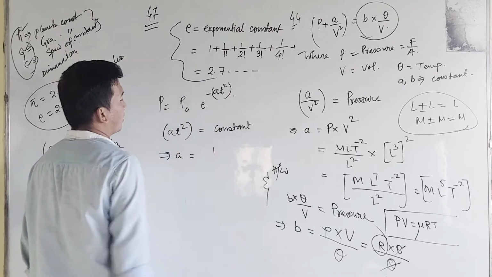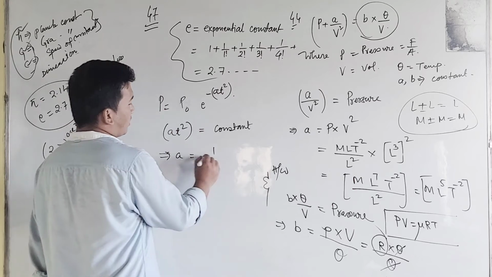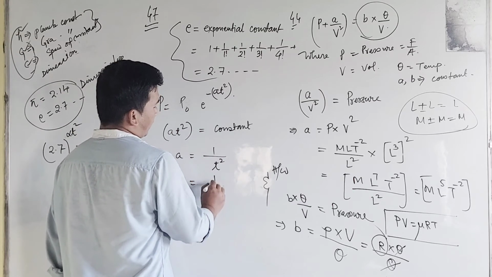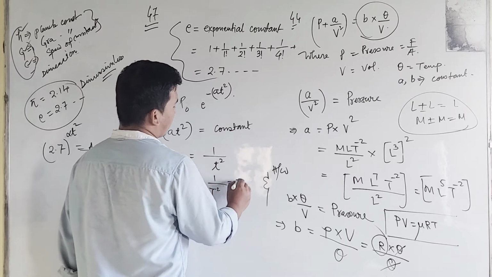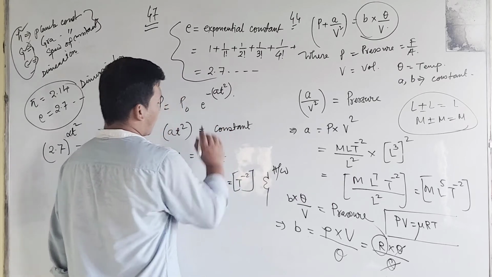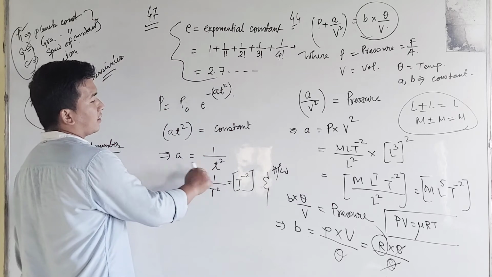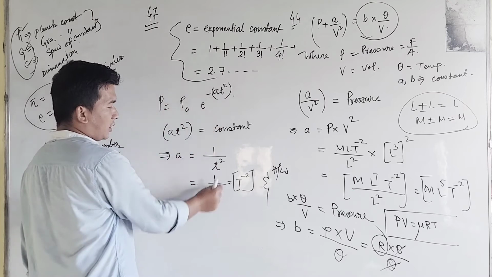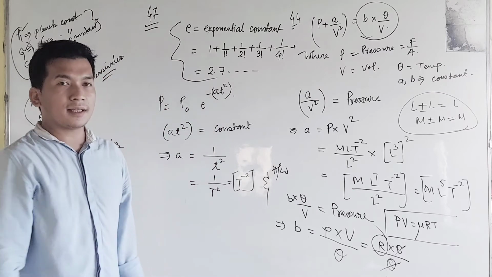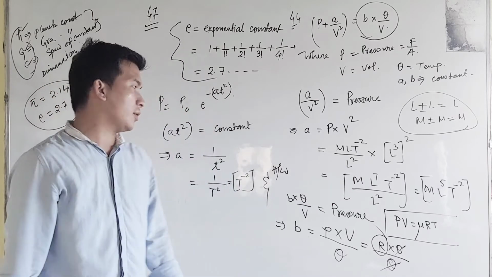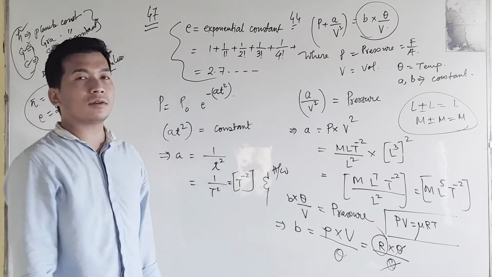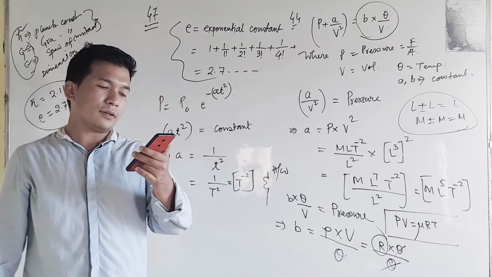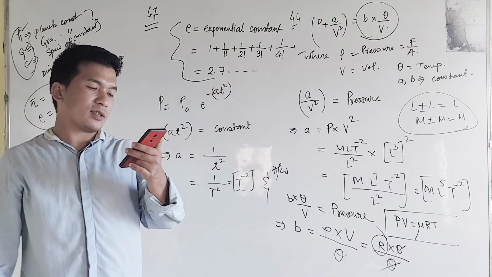We generally take it as 1, so 1 divided by t square, which is t inverse 2. This small t represents the quantity in our given equation, and this capital T denotes the dimensional or symbolic representation of time. The answer will be option B. Hence the dimension is t to power minus 2.